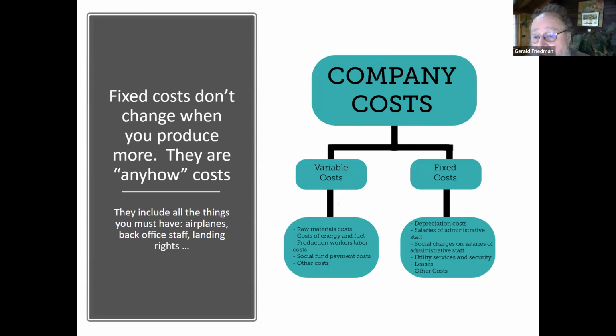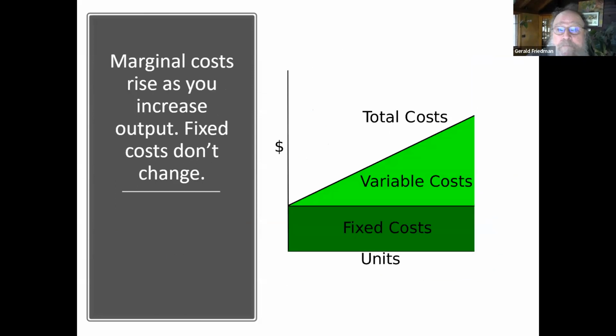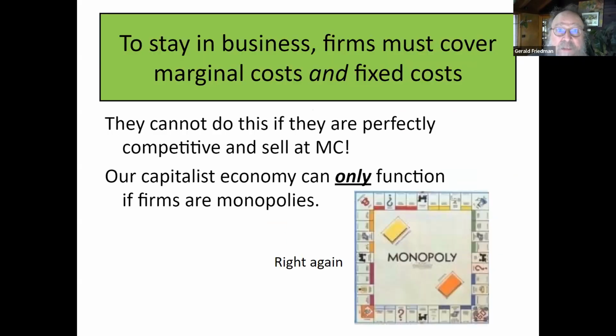Utility services, security, leases, a lot of fixed costs. Marginal costs rise as you increase output, fixed costs don't change. At very low levels of output, most of your costs are fixed costs because you're not spending very much on variable, but you still have to pay all the fixed stuff. To stay in business, you've got to cover both.